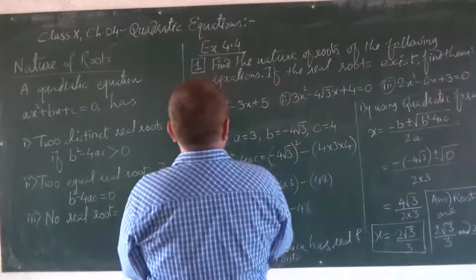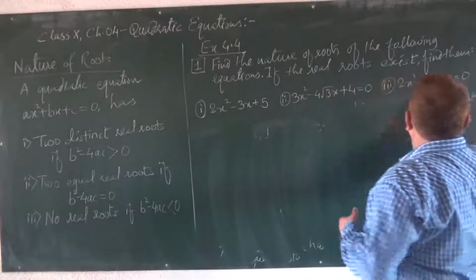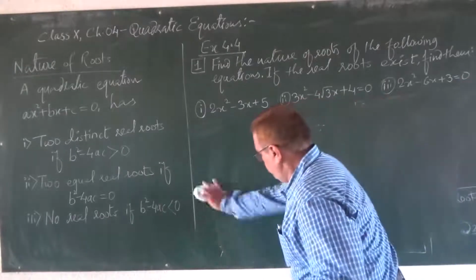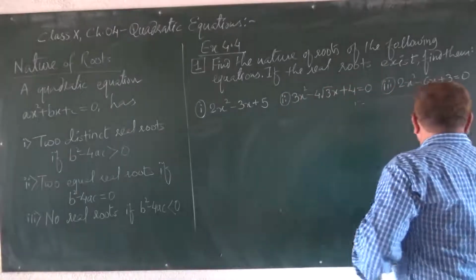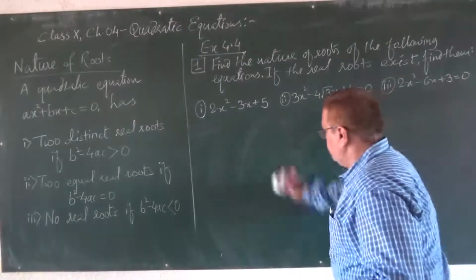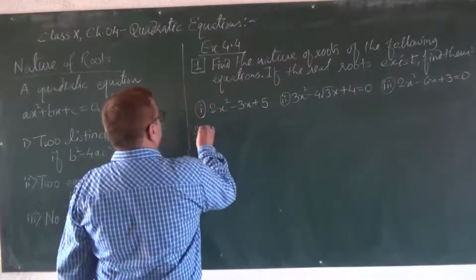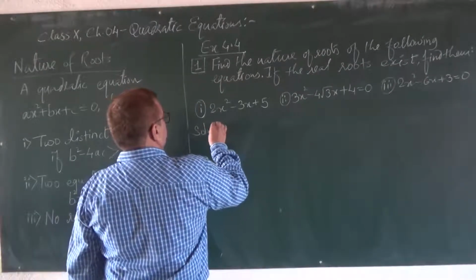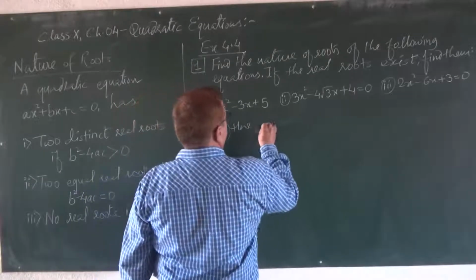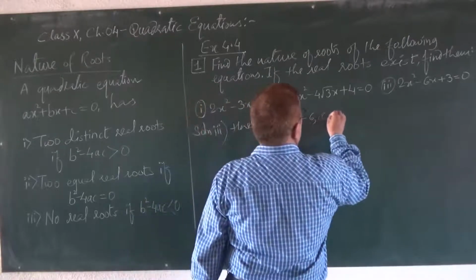Let us see now the third example. Here, what is a? a is 2, b is minus 6 and c is 3.